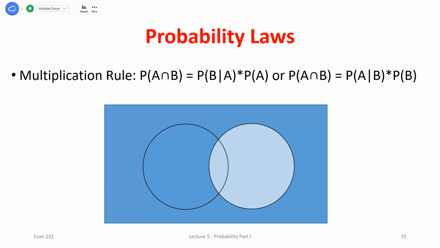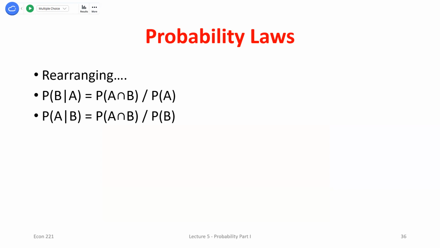If instead we're given conditional probabilities but we don't know the probability of the intersection, then this might be a more useful equation. It just depends on the information that we have, but there are two forms of this multiplication rule. I can do this for either event. I did the example up here where I was looking for the conditional probability of A. Whatever's on the left-hand side, that's what I'm still looking for the probability of.